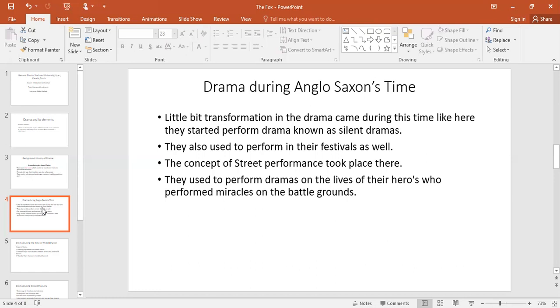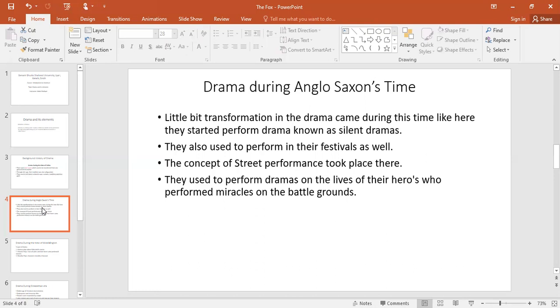Now, after that, they also used to perform in the festivals. During the same time, these silent stories used to be performed in festivals as well. Whenever they had a festival, whether a religious festival, a marriage festival, or a cultural festival, they used to perform silent dramas.